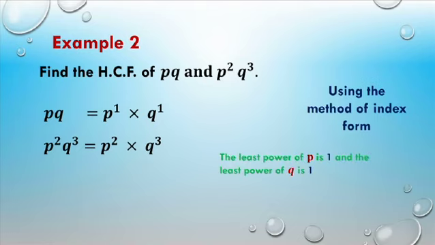So the least power of P is 1. Here you have P to the power of 2, P to the power of 1. So P to the power of 1 will be the common factor. And the least power of Q is 1. So the HCF is going to be P to the power of 1 times Q to the power of 1, which is PQ.